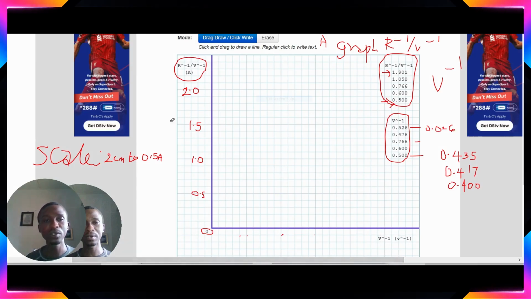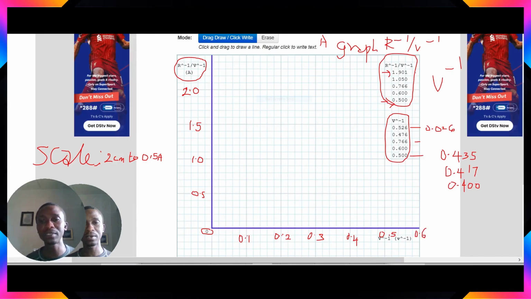So we use 0.1 to represent 0.1 on the horizontal axis. So here will be 0.1, here is 0.2, here is 0.3, here is 0.4, here is 0.5, and finally we have 0.6.